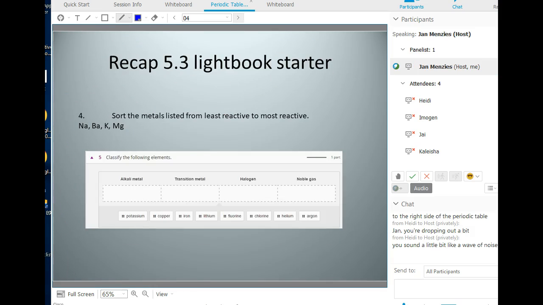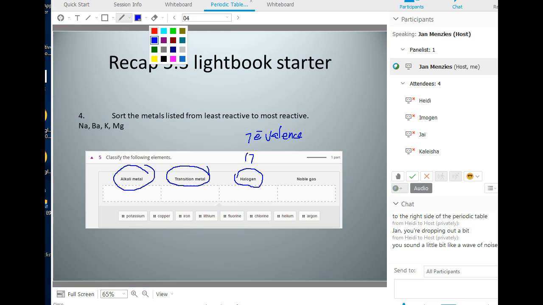So let's see how much I've covered. This idea of reactivity changing down the group and the metals, so an alkali metal group 1, transition metal, you've got to perhaps look at the periodic table to find them. Halogen is group 17. It has 7 electrons in the valence shell. It's going to want to gain an electron to get that stable 8.